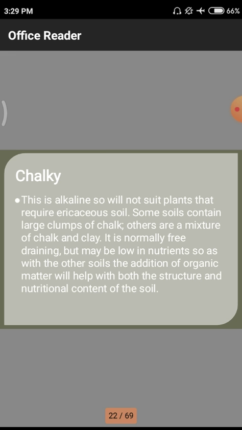Next we have organic matter, which is both the structural and nutritional content of the soil. That means organic matter depends upon the structural and nutritional contents of the soil. In those chalky soils we do not have organic matter, we only have acidic content, that means properties of calcium and its compounds: calcium oxide, calcium carbonate and calcium sulfate, CaSO4, CaCO3 and CaO.